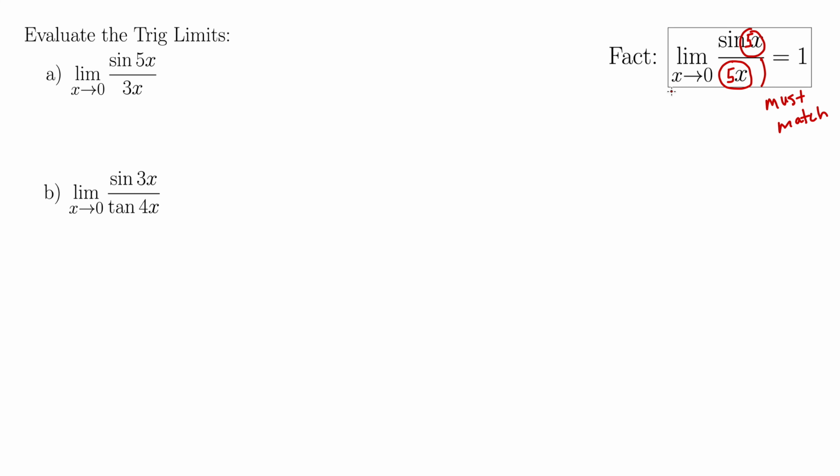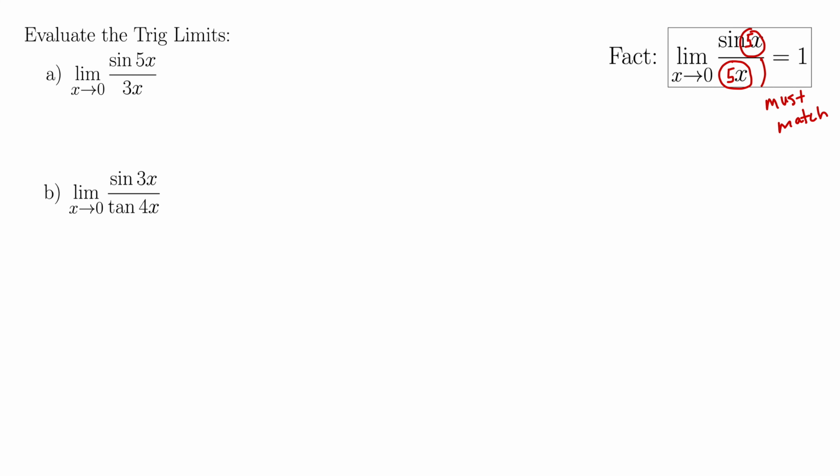And you may say, well, then wouldn't we need a 5x here in front of the x going to 0? Well, no, because as long as x is going to 0, 5x is also going to 0. So we can just leave this alone as x goes to 0, because that'll take care of 5x and 5x also going to 0.